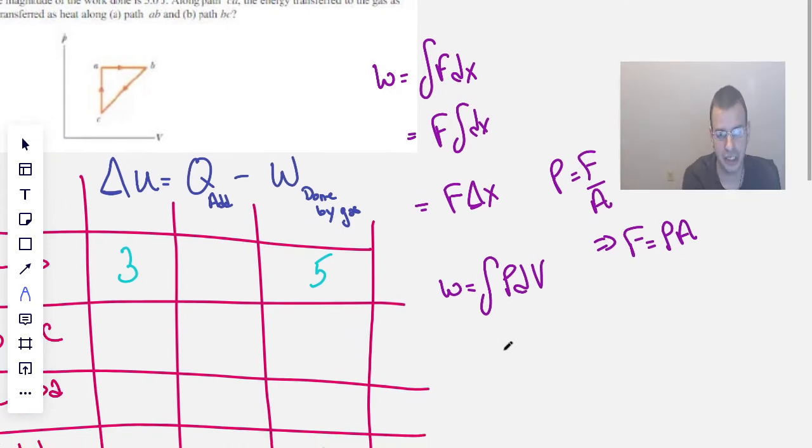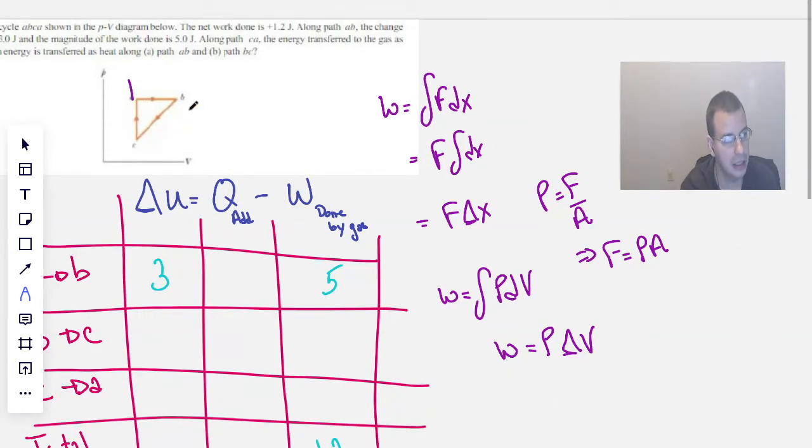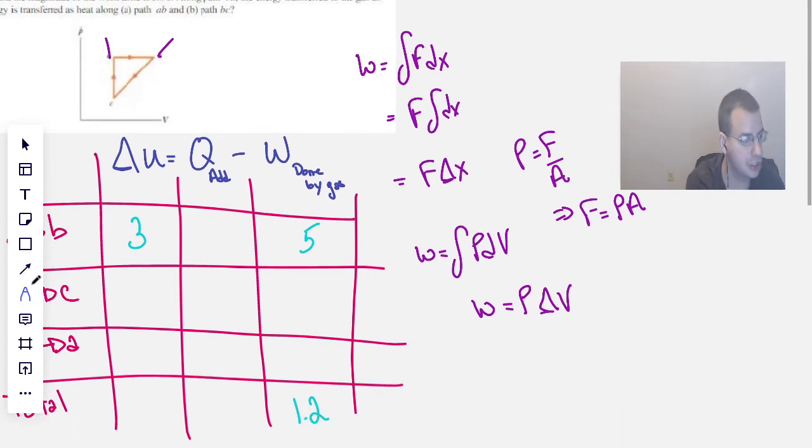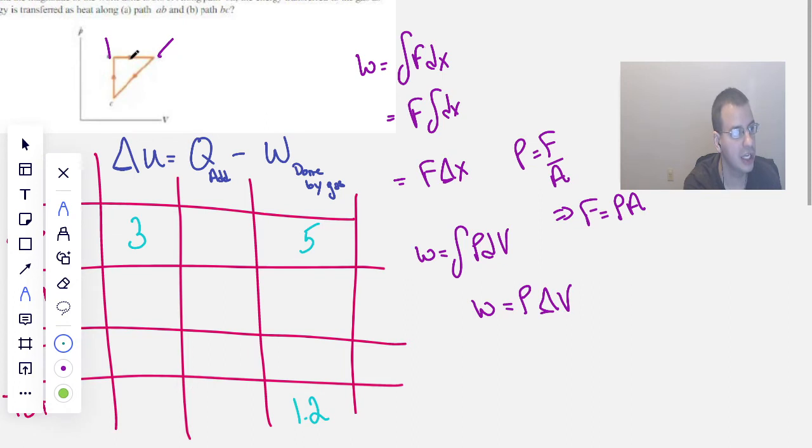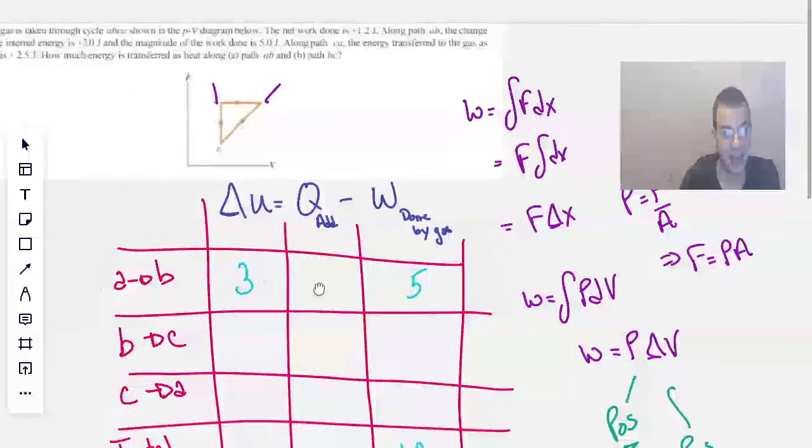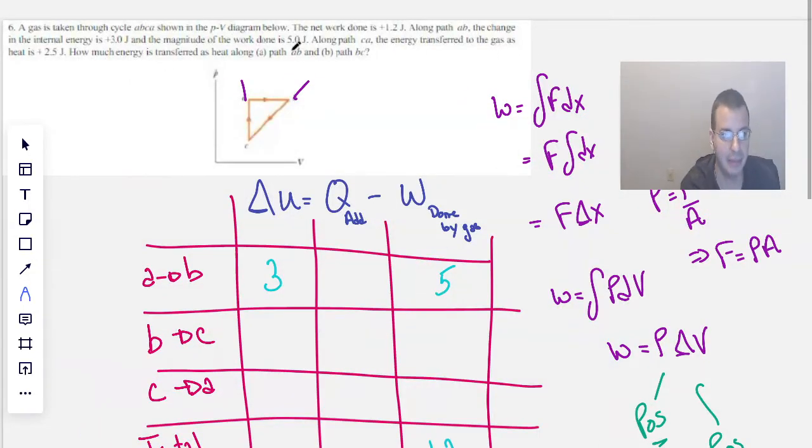When pressure is constant, you have the formula pressure times delta V. So if we're looking from A to B, the pressure going from left to right is constant, and it's positive because it's above the x-axis. And delta V goes from smaller to bigger, so the change is positive. Positive times positive is a positive. So this 5 right here, even though they're ambiguous about the sign because they said magnitude, we know it's going to be positive.